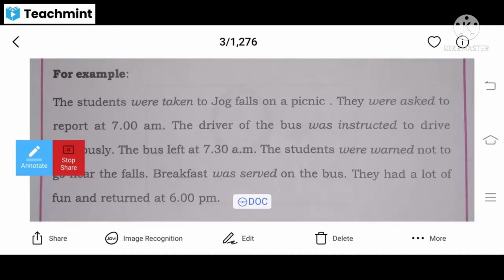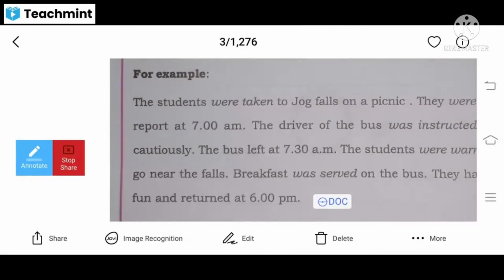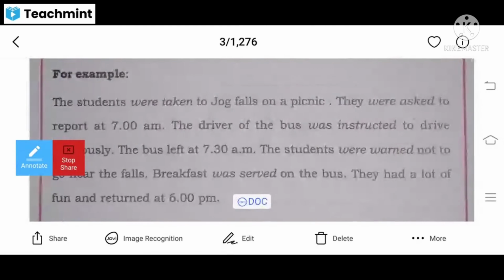Why should we use were? Because students is plural. Then, breakfast was served on the bus. Breakfast is singular, therefore we are using was served. They had a lot of fun and returned at 6 p.m.